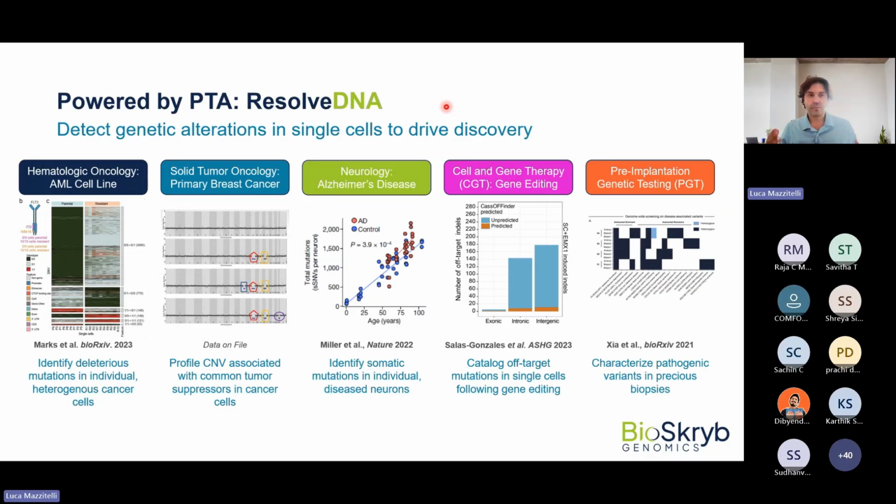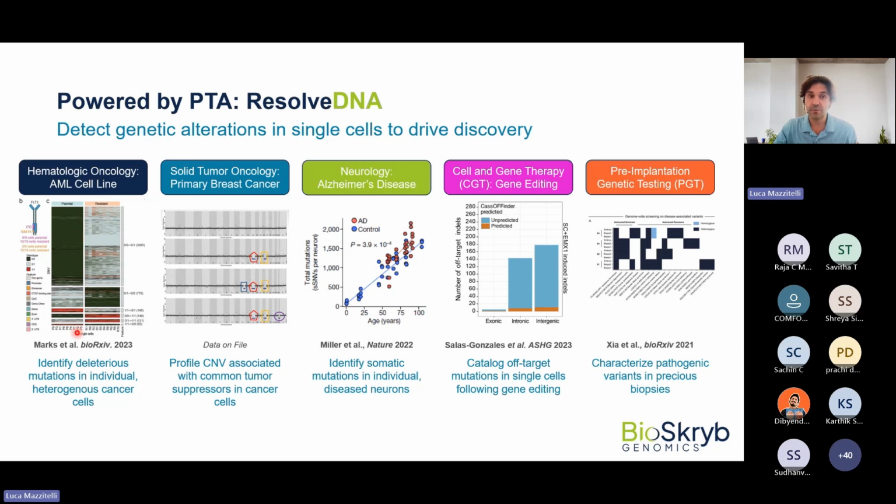Just to give you an idea of how ResolveDNA is used to detect genetic alterations in single cells in discovery life science research. In the first example, we have a model of acute myeloid leukemia, so in the hemato-oncology field.